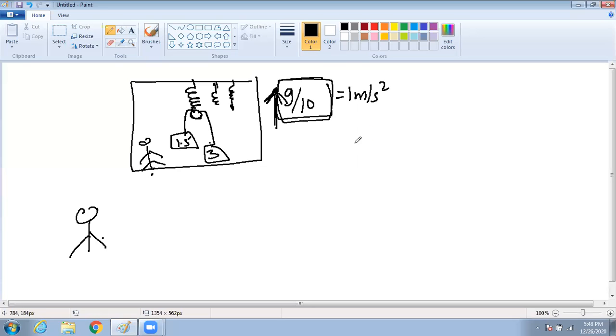Pseudo force. Okay. Pseudo force is an imaginary force. It is basically a correction. It is a correction to what? Which law? Newton's second law, F equal to ma.